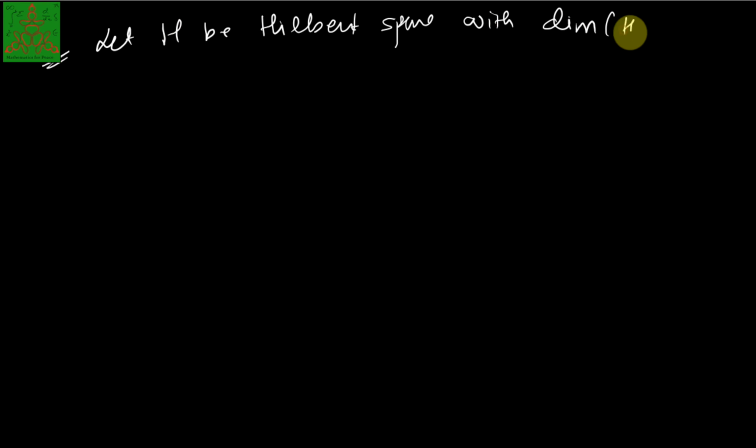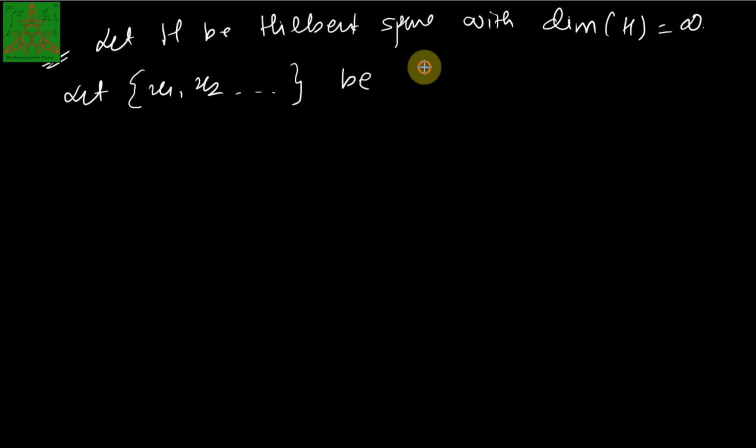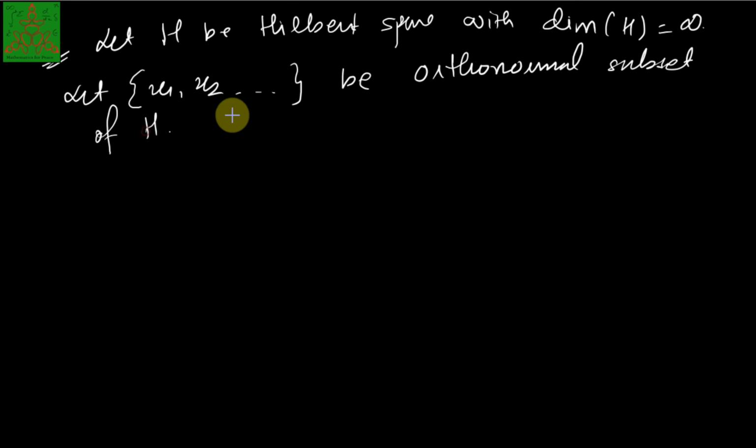So let H be a Hilbert space with dimension of H infinity. Let us also consider u1, u2 and so on, an orthonormal set of H. Since it is orthonormal, the norm of un is equal to 1 for every n.